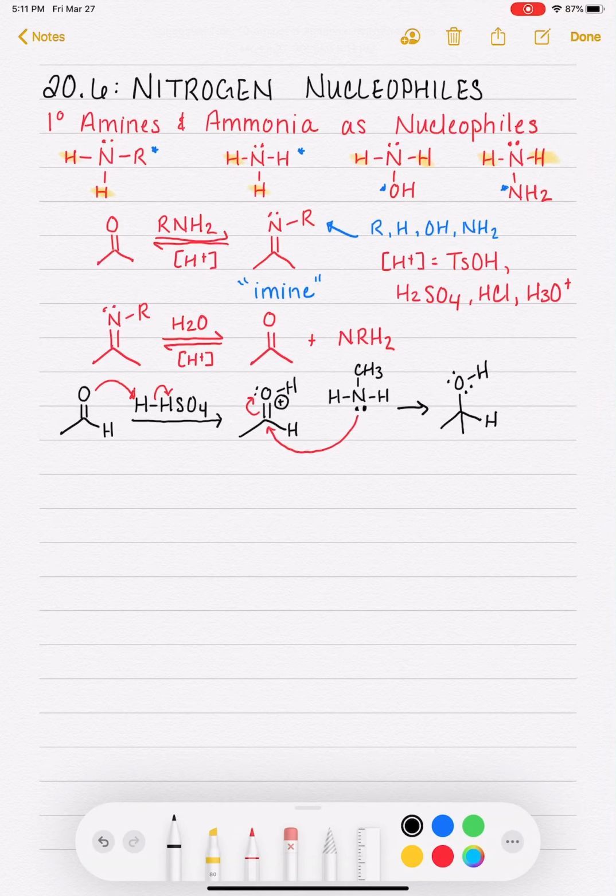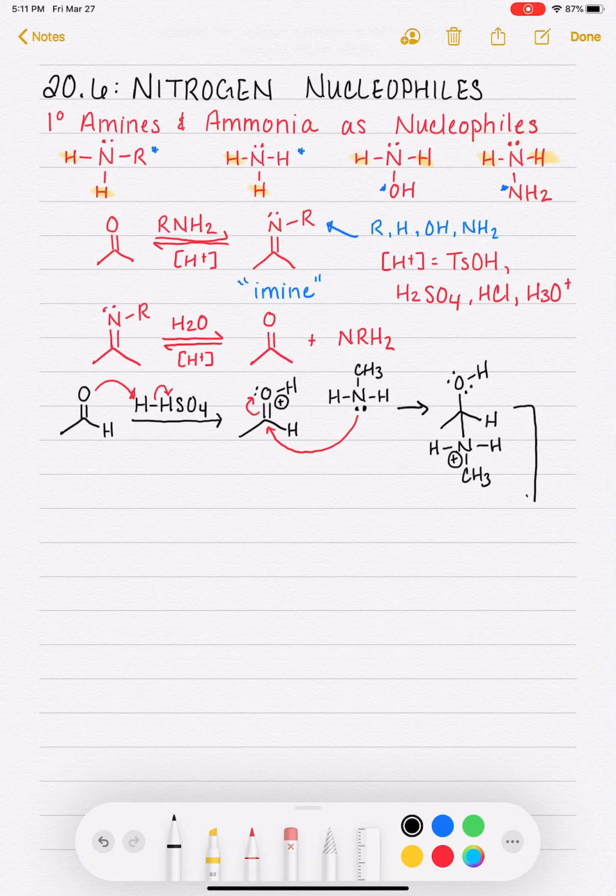It doesn't have a charge anymore, and we've made a carbon-nitrogen bond. And that nitrogen still has all three groups attached to it, which means that with the fourth bond it made, now the nitrogen has a positive formal charge, which is no good.